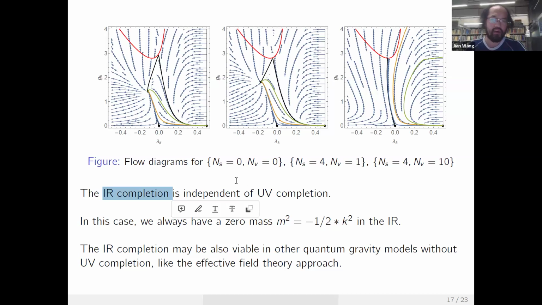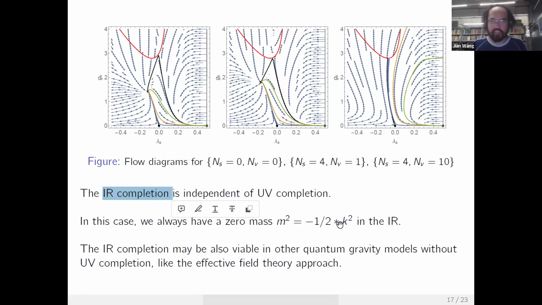So this basically means that the infrared completion may be a general feature of the theory, and it may also be found in other quantum gravity models, like the effective field theory approach to quantum gravity, where we don't have a UV completion but could still have the infrared completion.